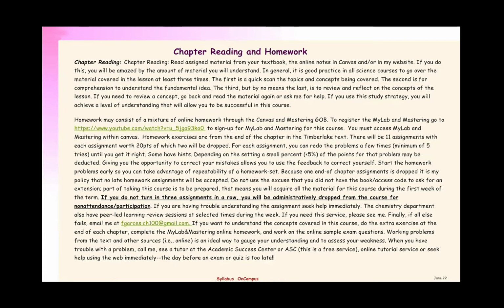So if you get like 18 out of 20 and you do that adaptive learning and you do those correctly, then you can get 20 out of 20. Okay, no homework can get more than 20 points. So if you get like 19 and you do the adaptive learning and you get 21, it still rounds off to 20. Okay, so just so you know. So that's part of the reading and the homework assignment.